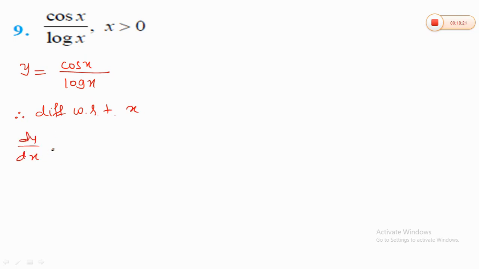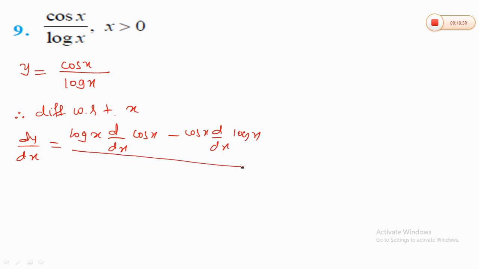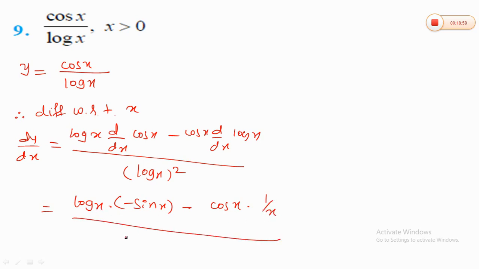Apply the quotient rule: dy by dx equals g(x) times the derivative of f(x), minus f(x) times the derivative of g(x), all divided by g(x) squared. This equals log x times the derivative of cos, which is minus sin x, minus cos x times the derivative of log, which is 1 by x, divided by log x whole squared.